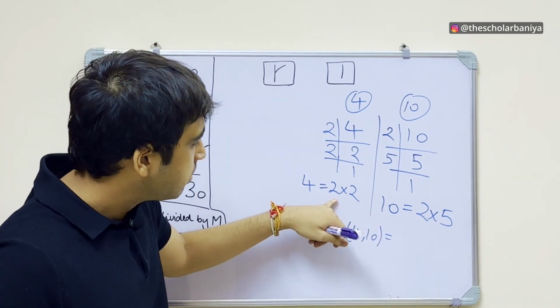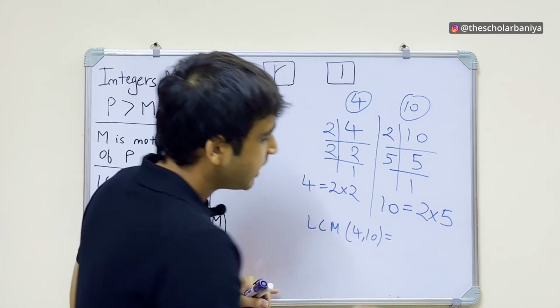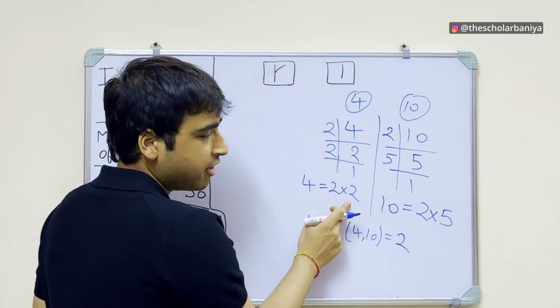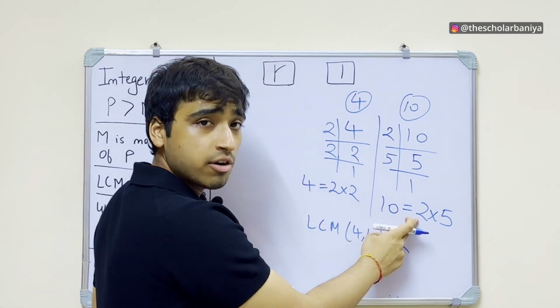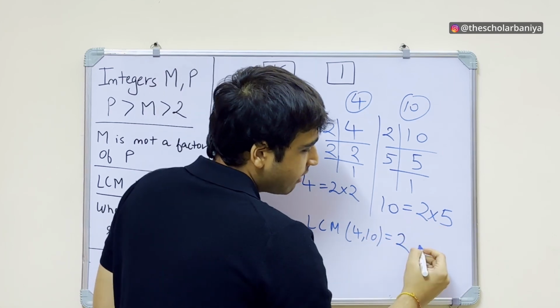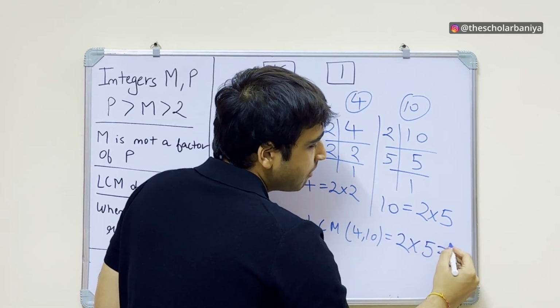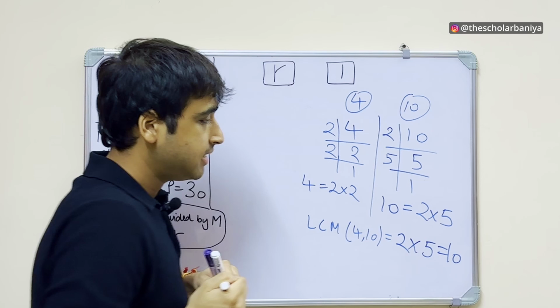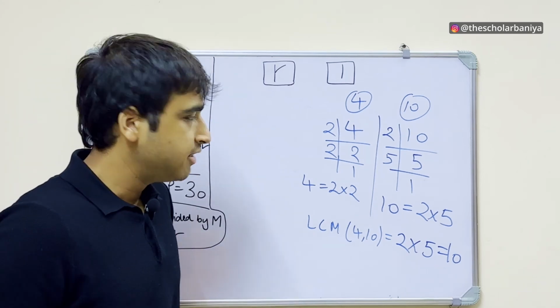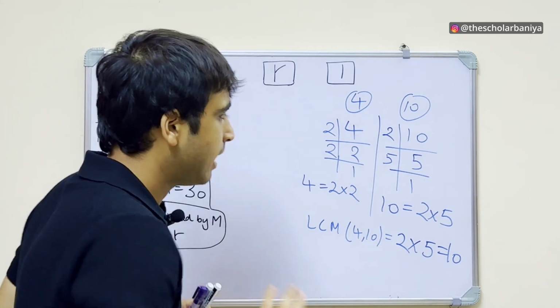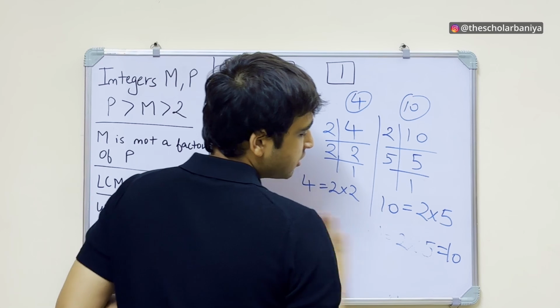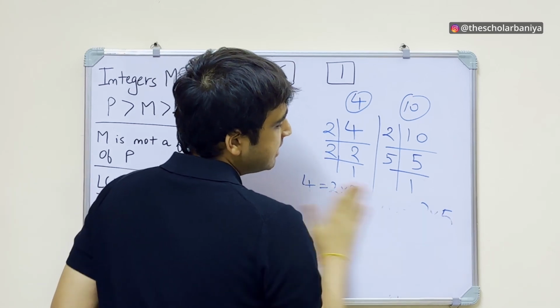We know that 2 is a number, so we write 2. But 2 is already taken, so we'll not take 2 again. We'll take 5. So the LCM becomes 10. This is just an example to help you clarify how we calculate the LCM.